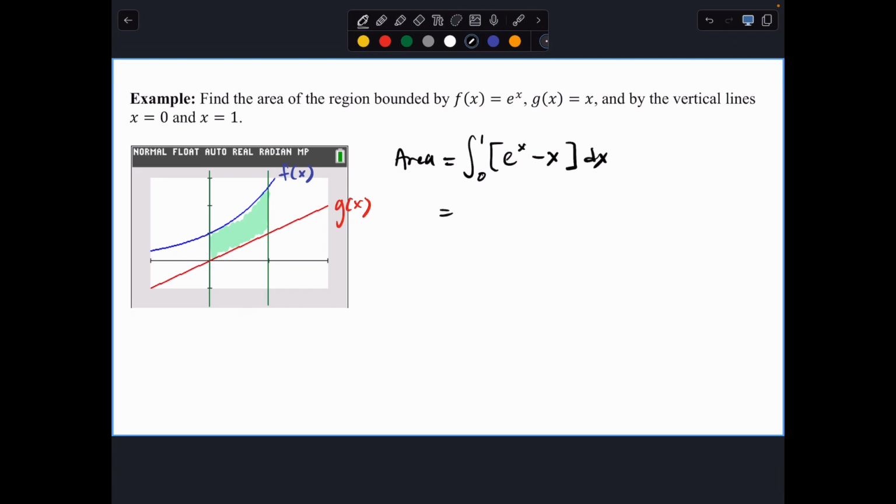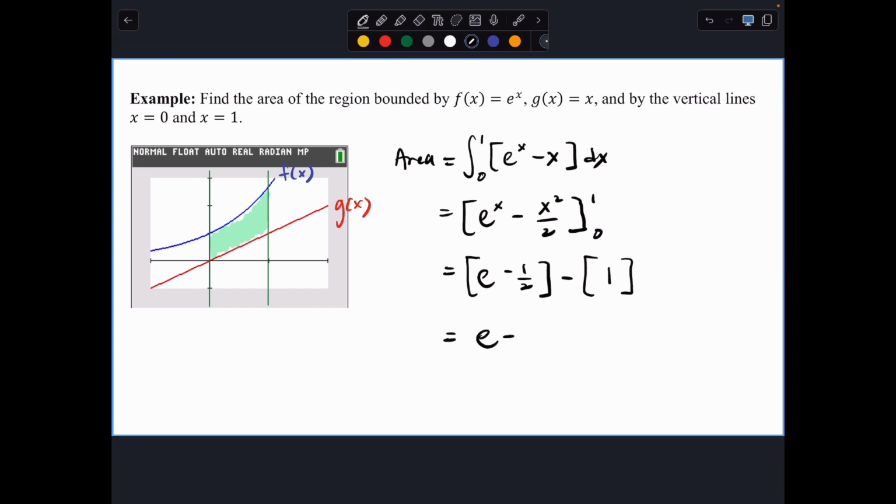You guys know how to integrate that. So e to the x minus x squared over 2. Right, so that'll be e minus 1/2, minus e to the 0th, which would be 1. Minus 0. So is that e to the negative 3, or sorry, e minus 3/2?